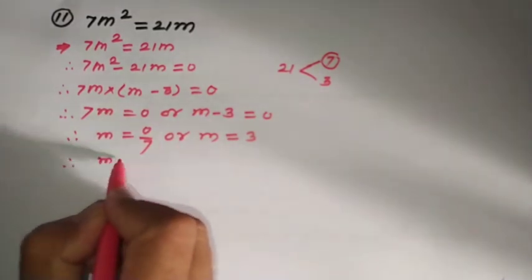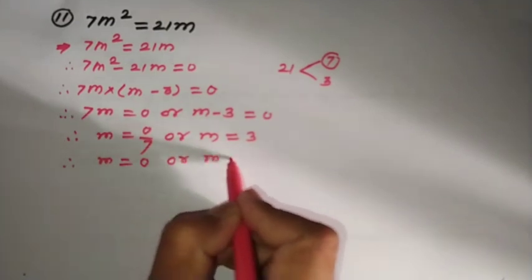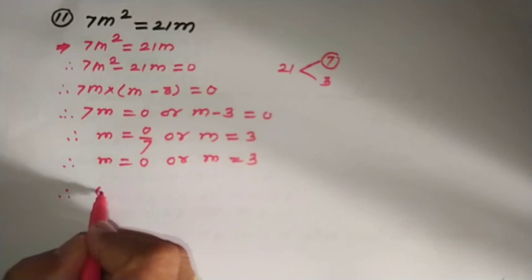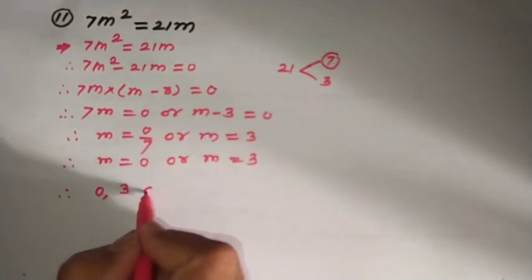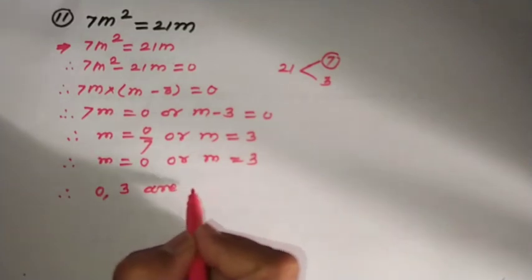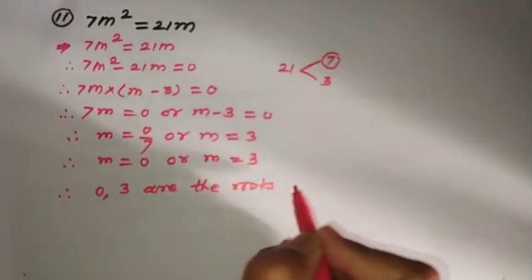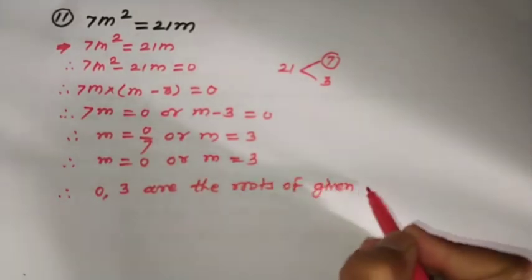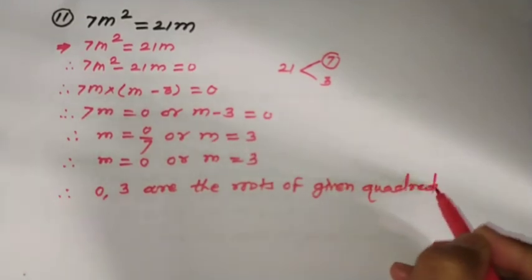Therefore, 0 and 3 are the roots of the given quadratic equation.